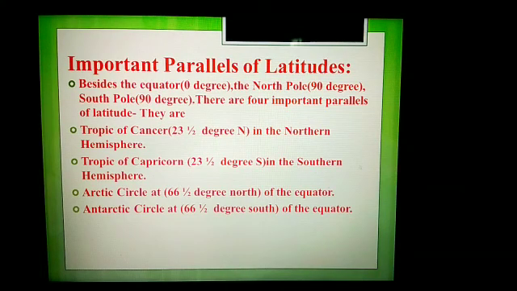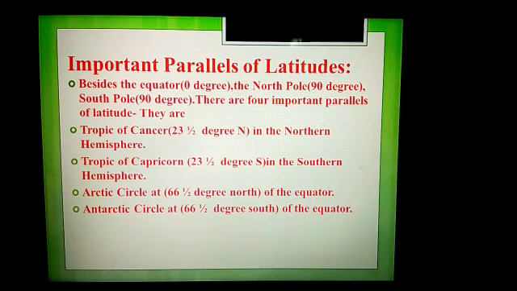Important parallels of latitude. Besides the equator, the North Pole at 90 degree and the South Pole at 90 degree, there are 4 important parallels of latitude. They are the Tropic of Cancer, which is 23 1/2 degree north in the northern hemisphere, and the Tropic of Capricorn, 23 1/2 degree south in the southern hemisphere.